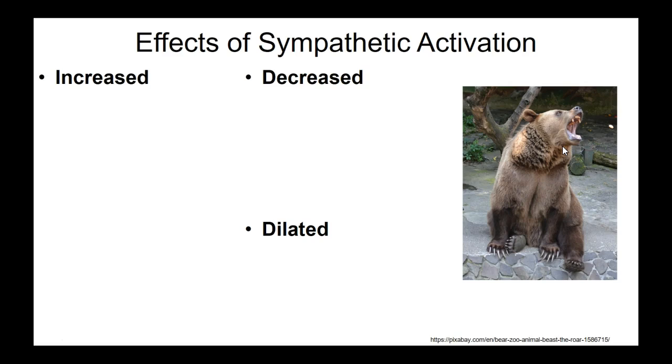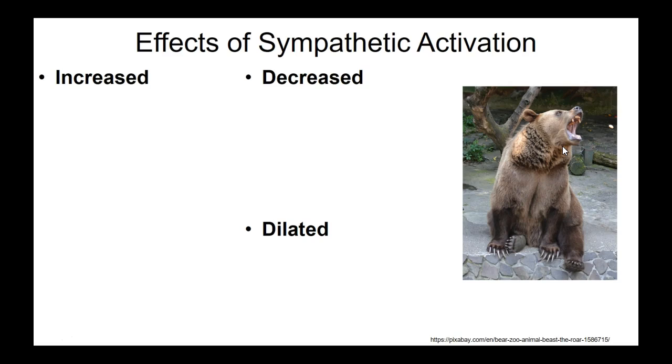But in addition to glucose, you need oxygen, right? You need oxygen for that aerobic respiration. So not surprisingly, bronchial dilation, increased glucose, and then what's happening to glycogen? Are we making more glycogen or are we breaking it down? Breaking it down, absolutely, right?